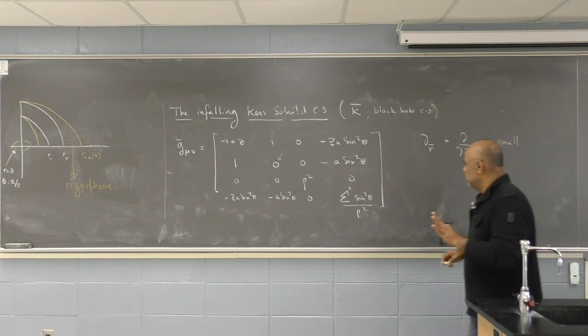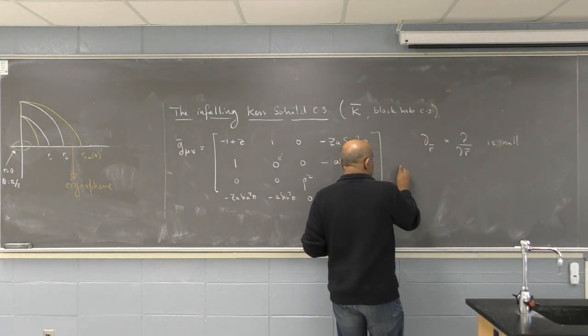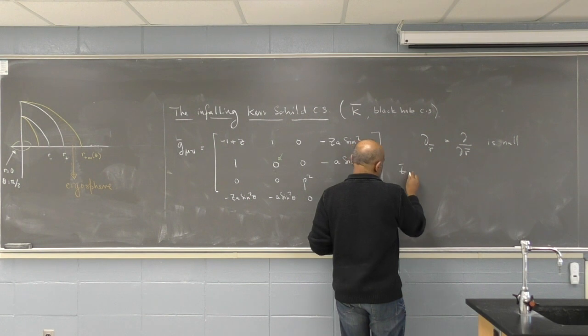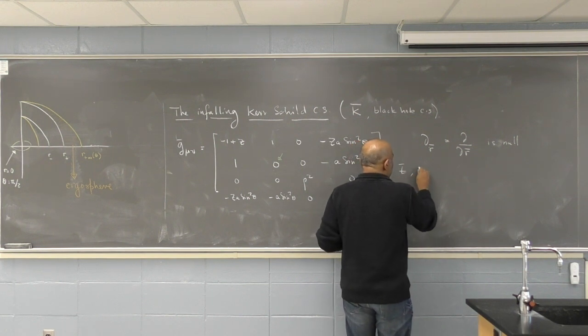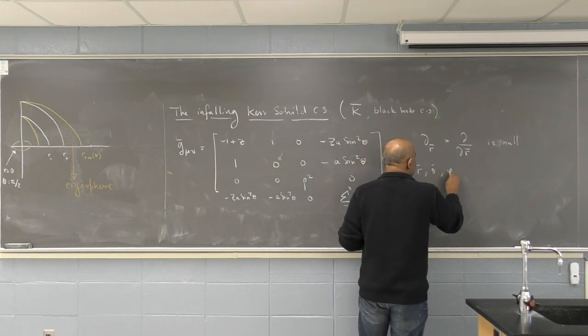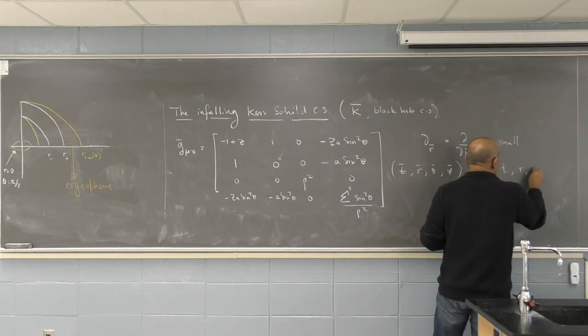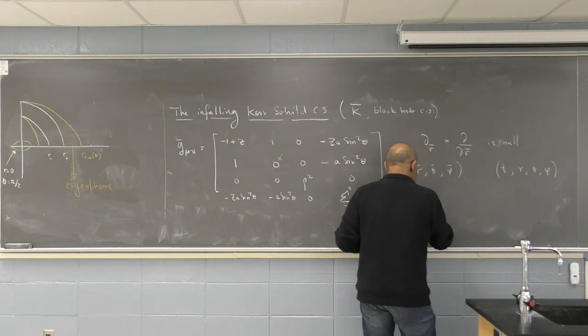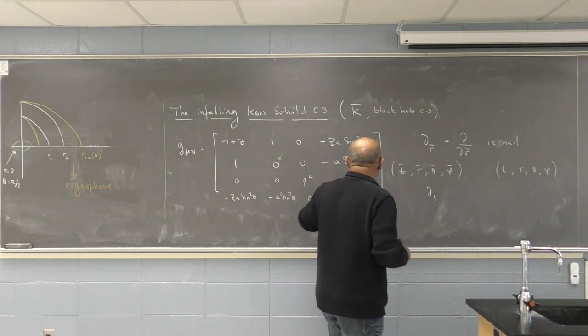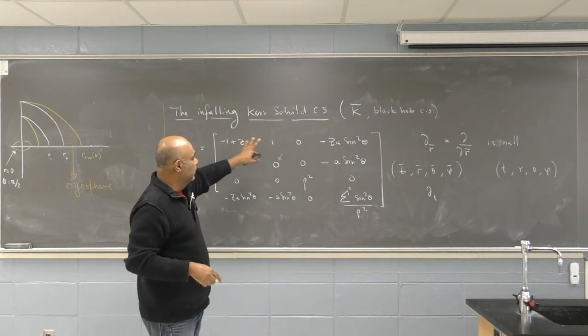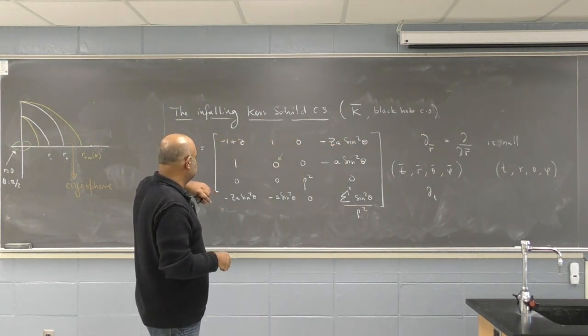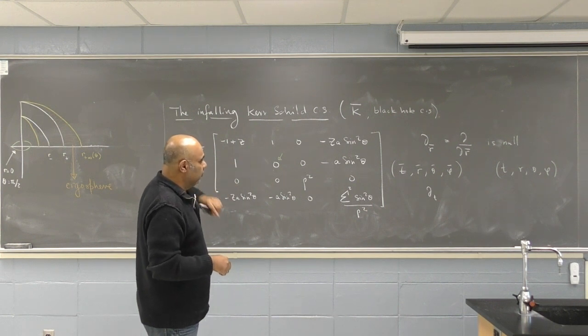Let me explain some of our notation. So you have t bar, r bar, theta bar, phi bar. On the other hand, you have t r theta phi. And I had written the transformation matrix, you remember it.